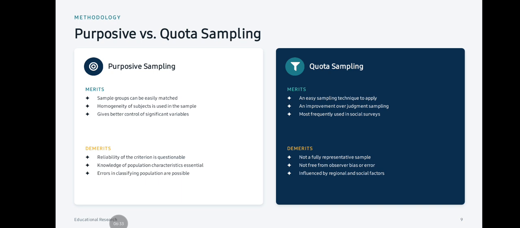Quota sampling, its merits, an easy sampling technique to apply, an improvement over judgment sampling, most frequently used in social surveys. Demerits, not a fully representative sample, not free from observer bias or error, influenced by regional and social factors.